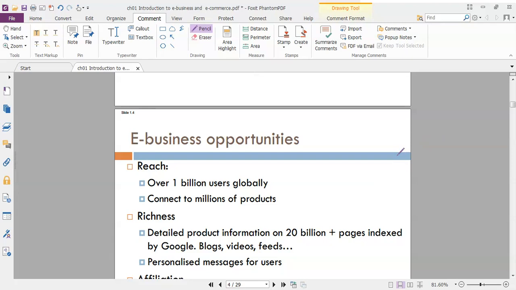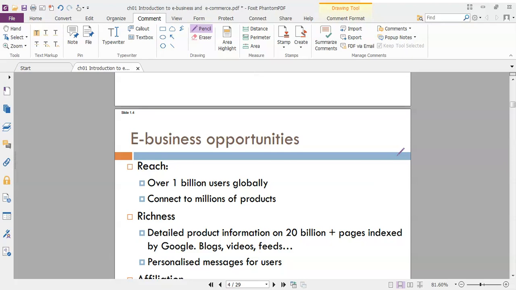For example, if we put our product in Shopee or Lazada, that is an example of e-commerce or e-business. And what else? We have our own website. If we have our own website, that is also a type of e-business.